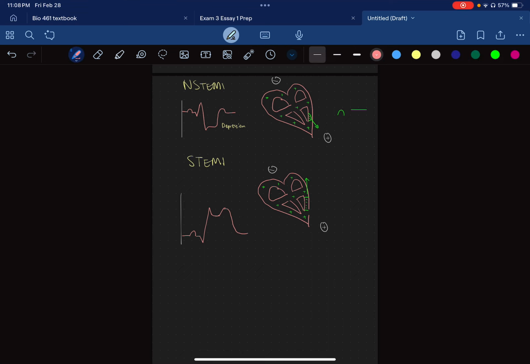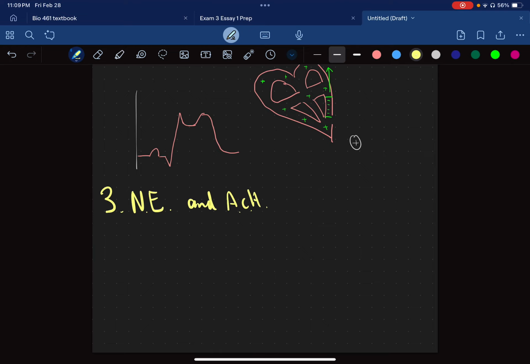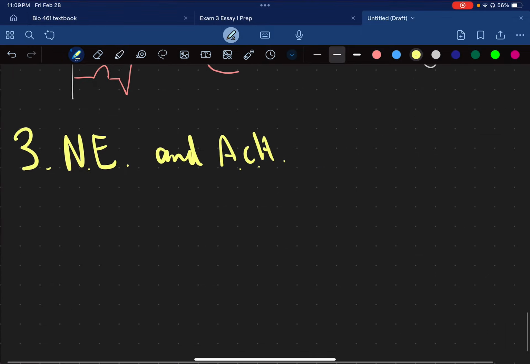Next up, we'll briefly cover norepinephrine and acetylcholine. Basically, norepinephrine and acetylcholine are both going to be tools of the sympathetic and parasympathetic nervous systems to affect things like heart rate and the intensity of heart contractions, how fast the heart relaxes.